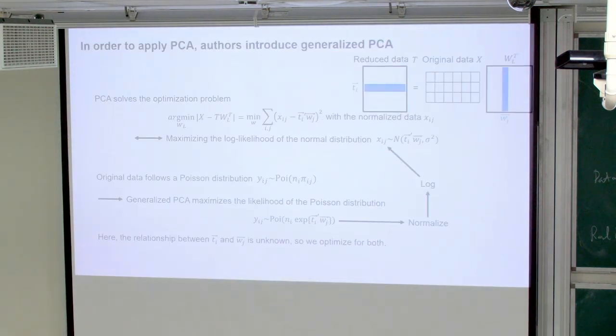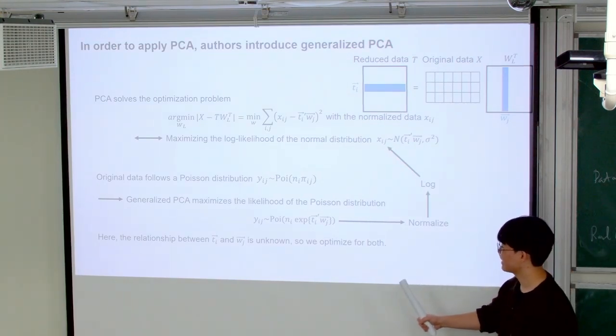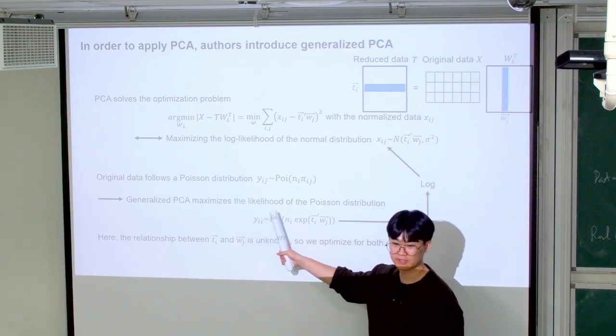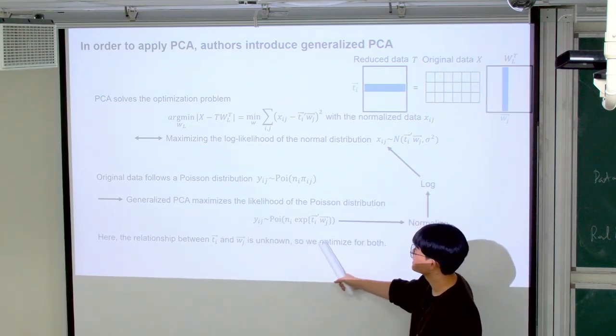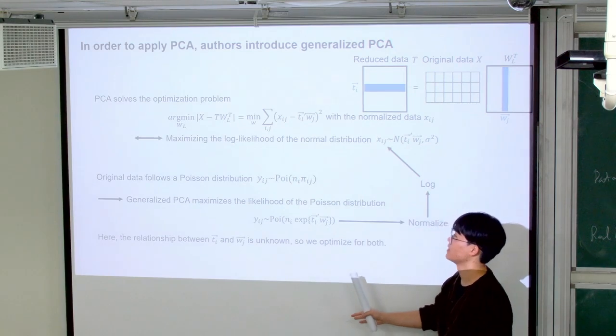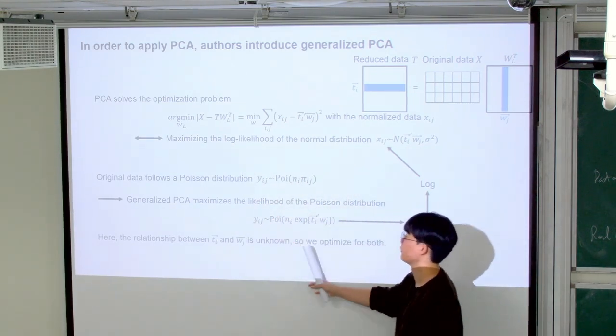Because generalized PCA maximizes the likelihood, which means this minimizes the error between the original data and the reduced data.